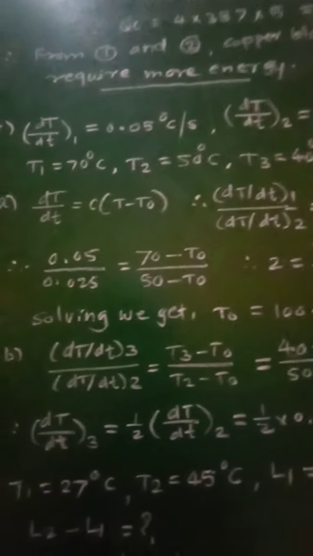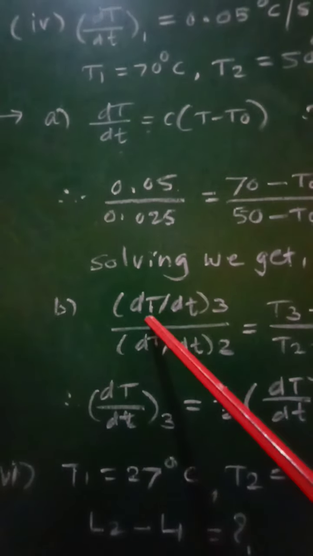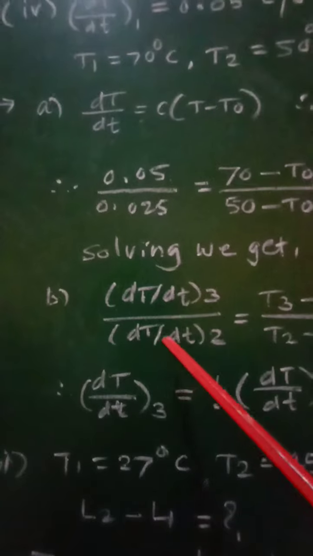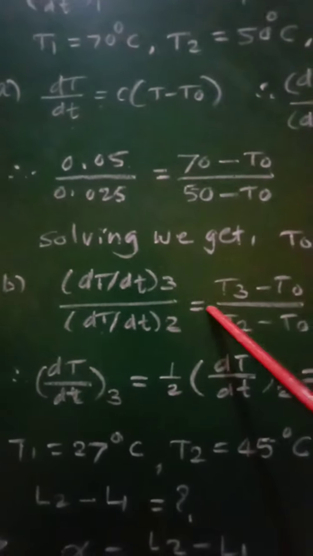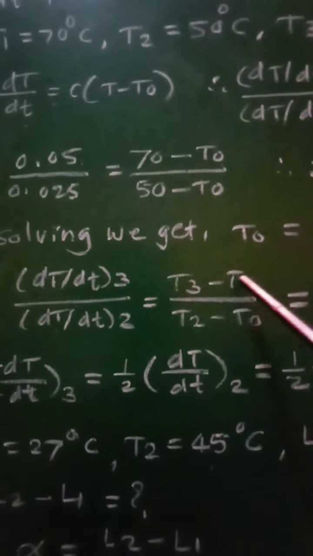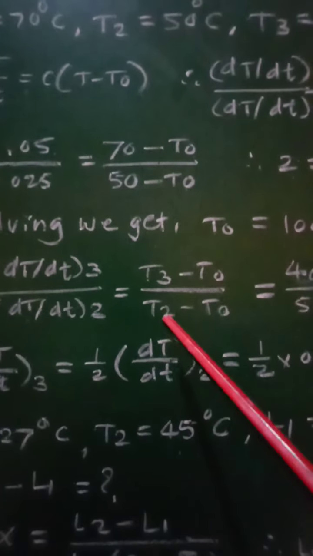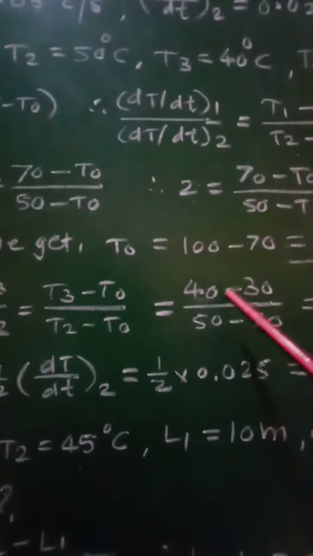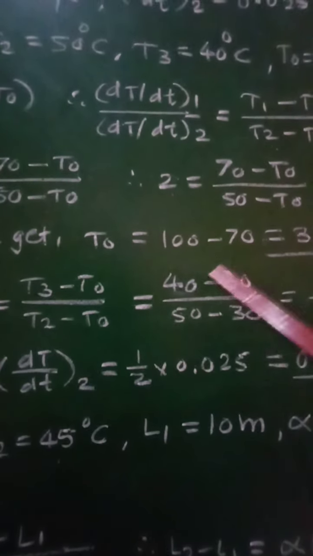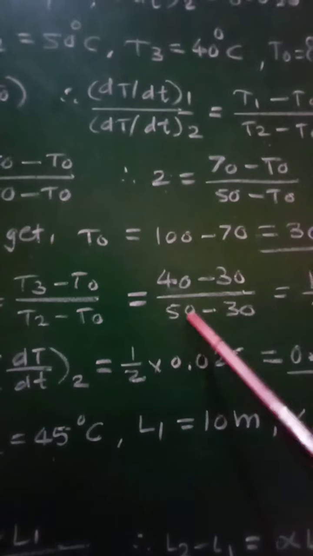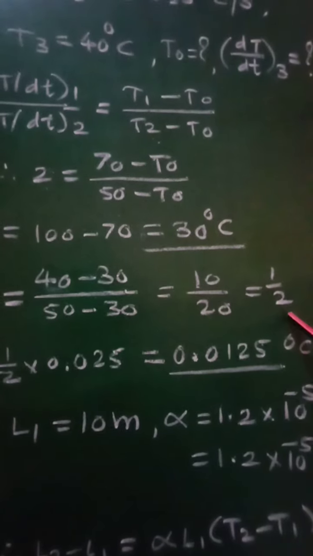Now let us find the third rate of cooling. So for part B, we can write (dT/dt)3 divided by (dT/dt)2 will be equal to again (T3 minus T0) upon (T2 minus T0), that will be equal to (40 minus 30) upon (50 minus 30), that is equal to 10 by 20, which is equal to 1 by 2.